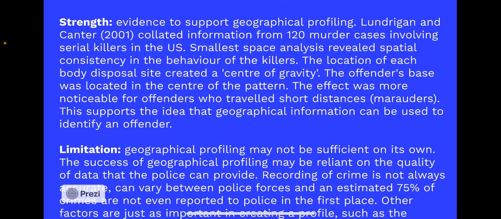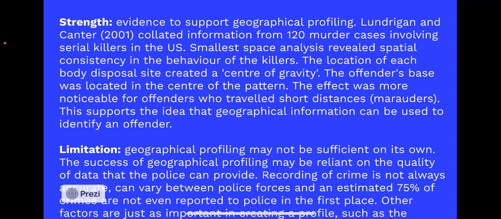Another strength, we have evidence to support geographical profiling. So we have another study that Canter conducted, and this looked at information from 120 murder cases involving serial killers in the US. They used smallest space analysis again, and this revealed spatial consistencies in the behaviour of killers.